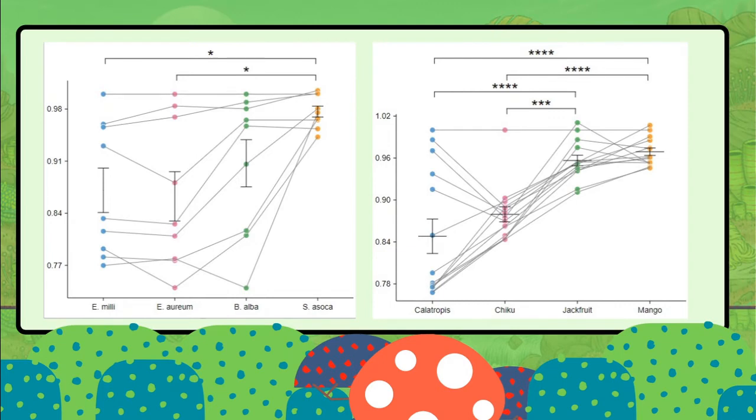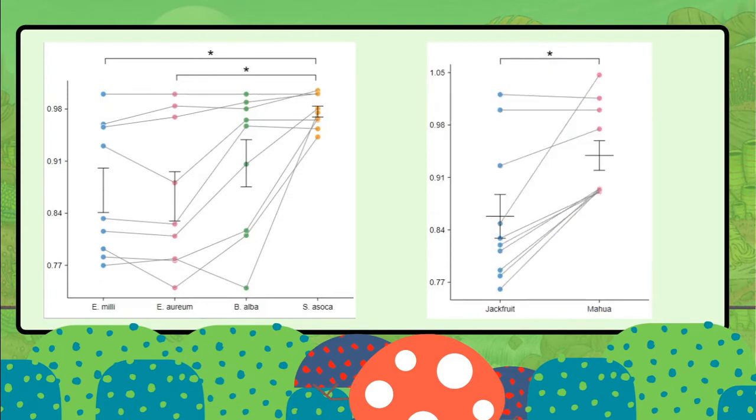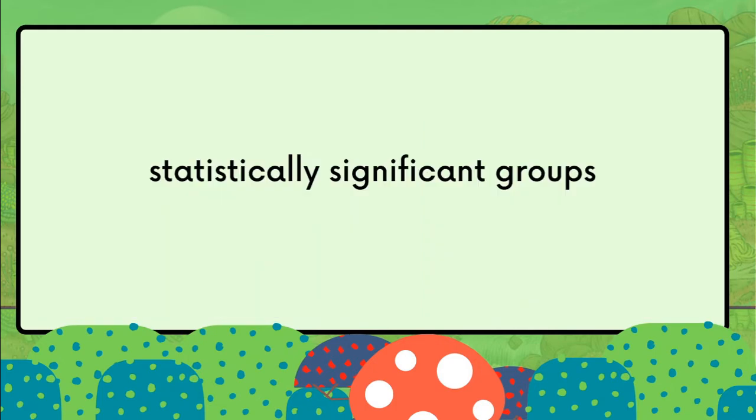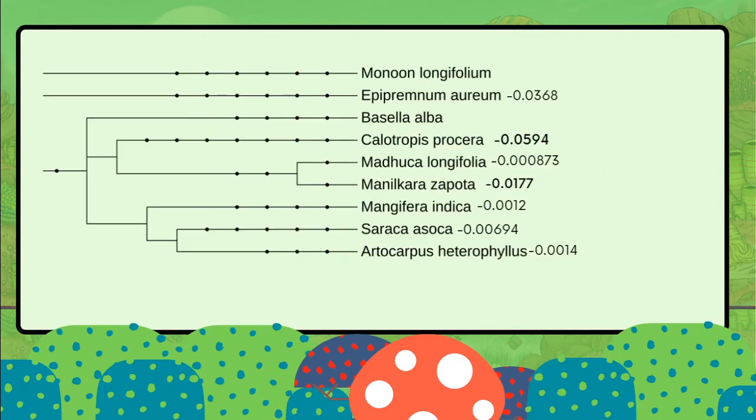And we did find out that the change in area of different leaves was significantly different from each other. And so we took the pairs that were significantly different and found out the slope of those statistically significant groups, and we tried to correlate it with the phylogenetic tree that we made.